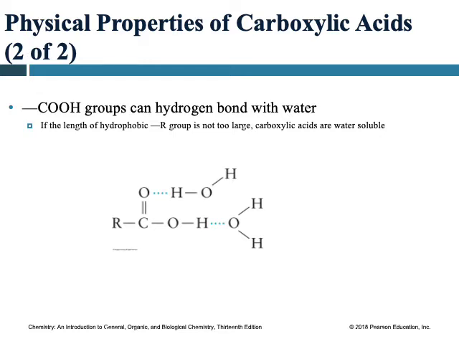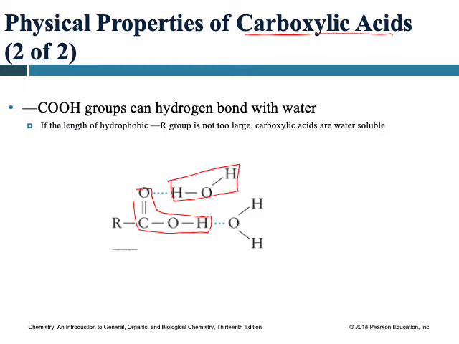Okay, so now we talk about the solubility of carboxylic acid compounds in water. If you dissolve any carboxylic acid compound in water, whether they are going to dissolve or not. Like we see, this is a carboxylic acid group, and then this is water.